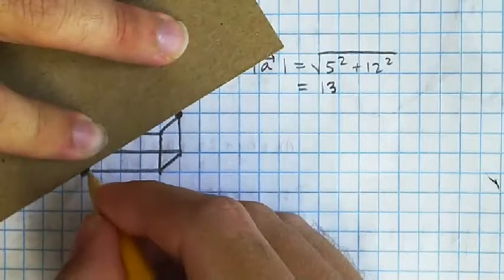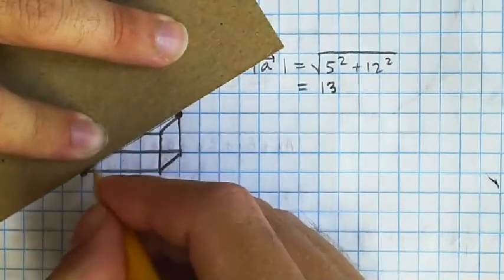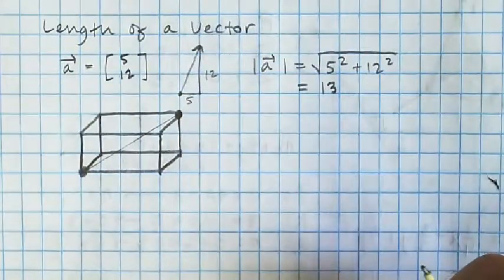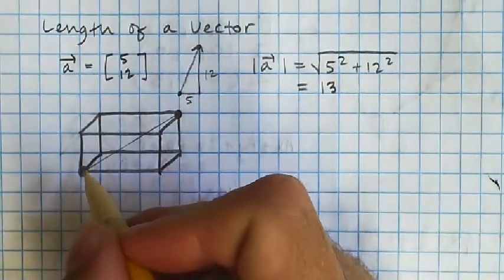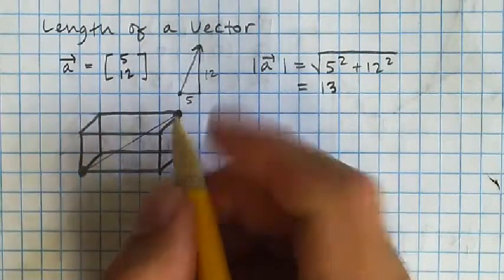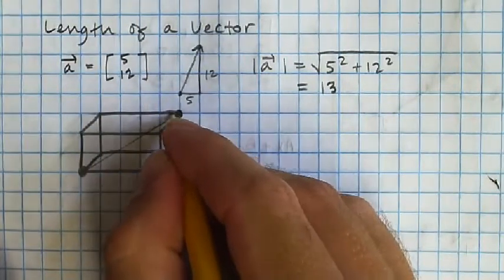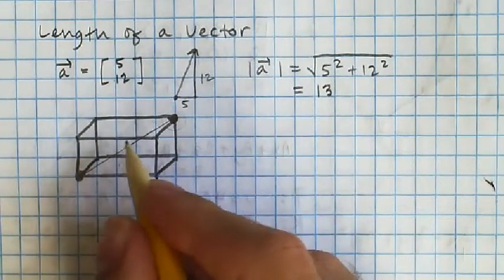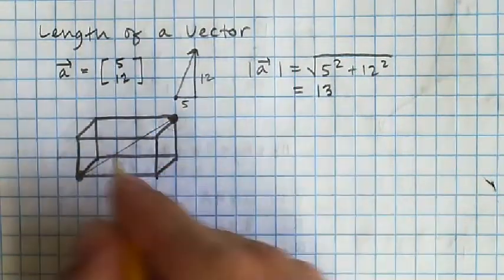And then we will just lightly draw. I'll let the light pencil be the vector. So you can see it's coming from that front near corner to that back far corner. Okay, that's our vector, and I'm going to call that vector B.